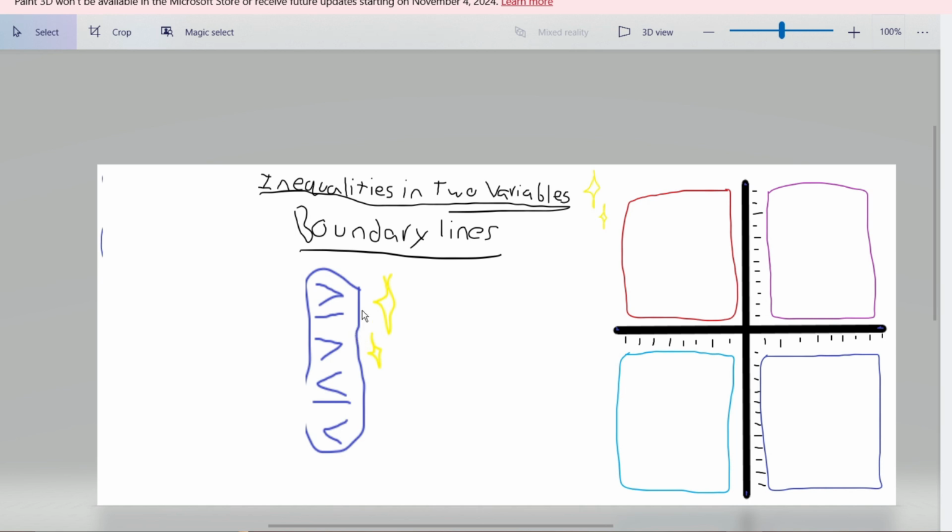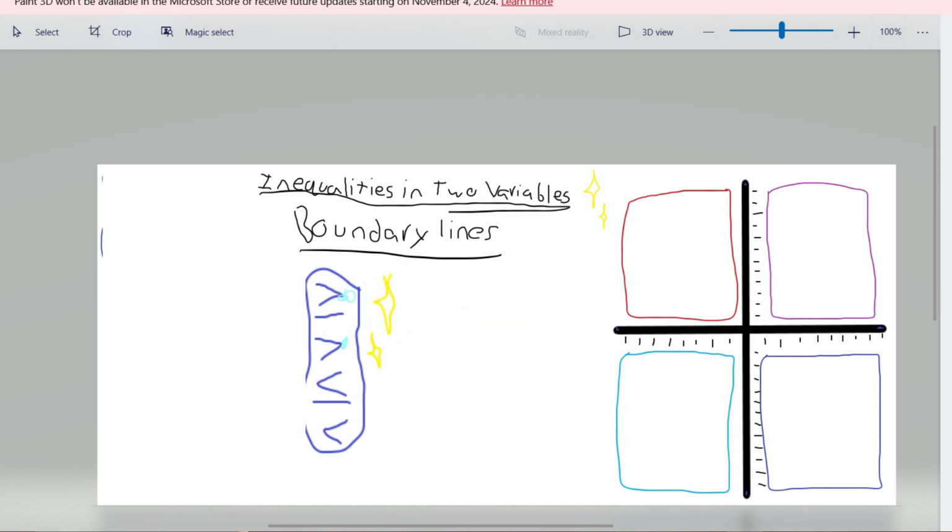Alright, sweet. So, we know that butt end this way means we shade under the boundary line. And butt end this way means it's above the boundary line.